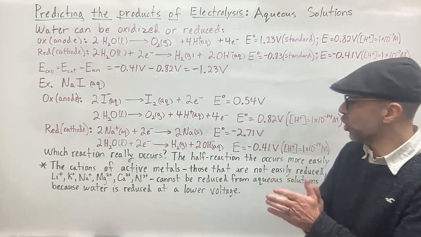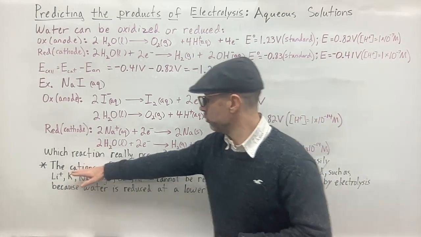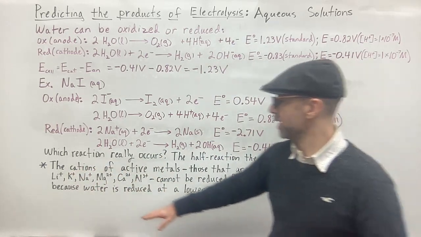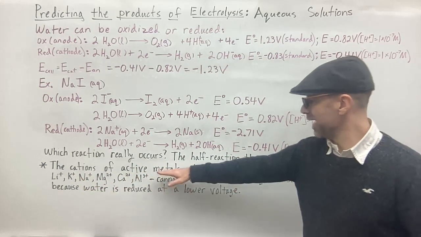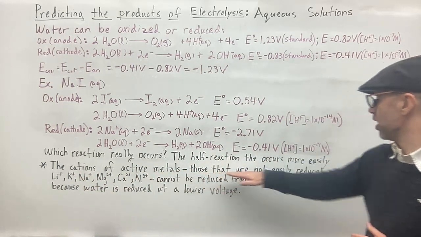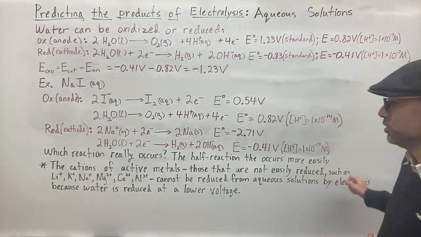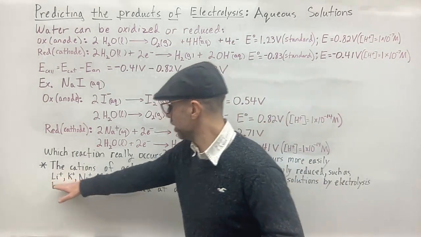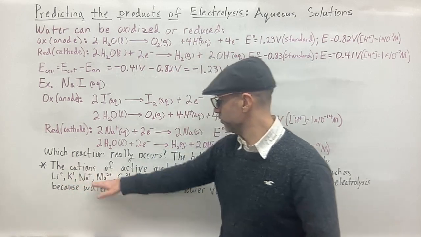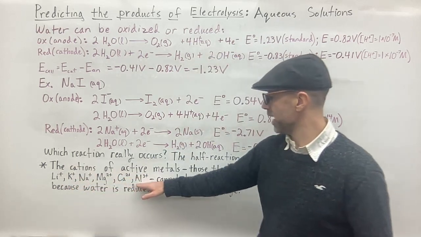So one last, really important note, a good general observation, is that the cations of active metals, what are those? Those would be those that are not easily reduced, such as lithium ion, the potassium ion, sodium ion, magnesium ion, calcium ion, and aluminum ion.